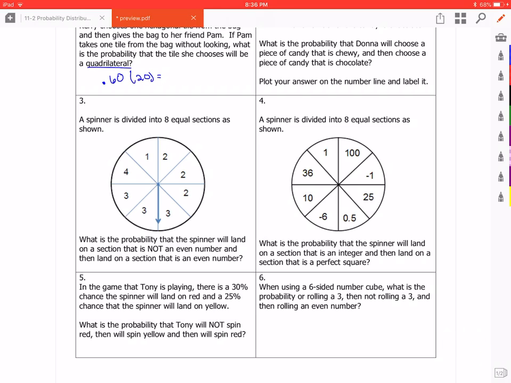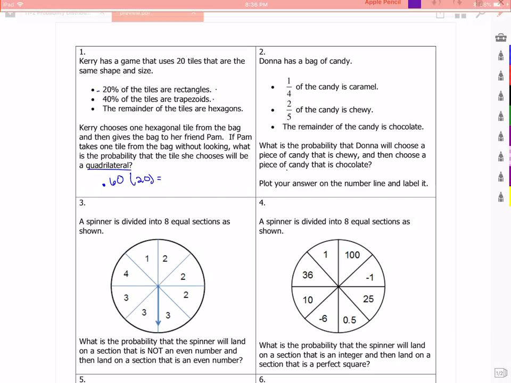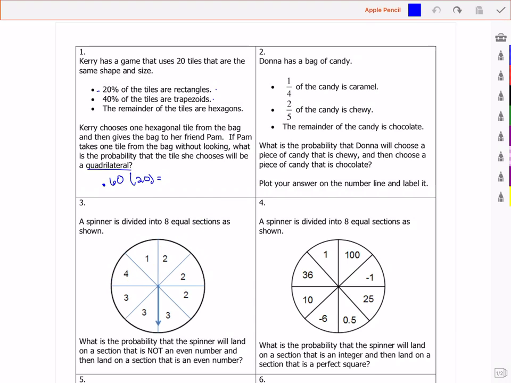Okay, number 3, well, let me look at 2. Number 2, we've got 1/4 of the candy is caramel, 2/5 is chewy, and the remainder is chocolate. We want the probability that Donna will choose a piece of candy that is chewy, which is 2/5, and then that she'll choose a piece that is chocolate. So we need to figure out how much of it is chocolate.